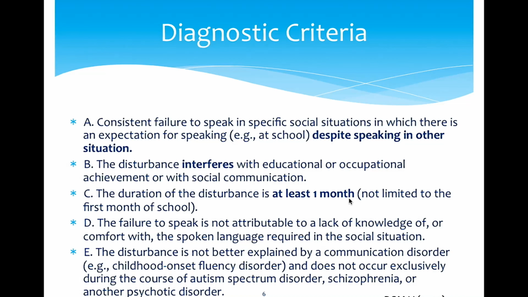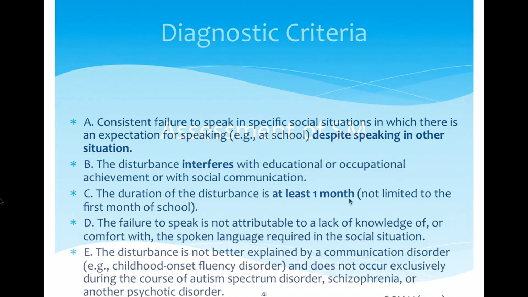These kids with selective mutism, they don't have that warm-up period. They certainly may become more comfortable over the first month or 2 of school, but after that time period, there's still significant difficulties in terms of social communication and just meeting typical age-appropriate expectations. So it's really important to look at, is the selective mutism lasting more than a month, and is it lasting beyond that first month of school?